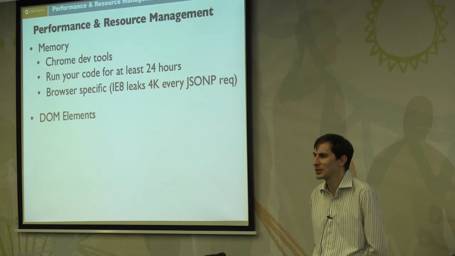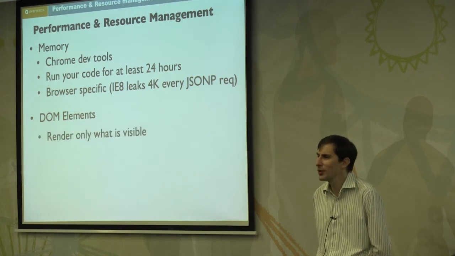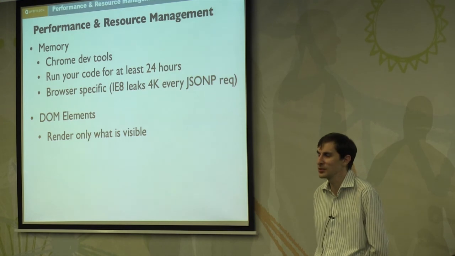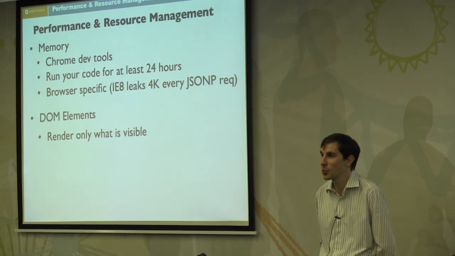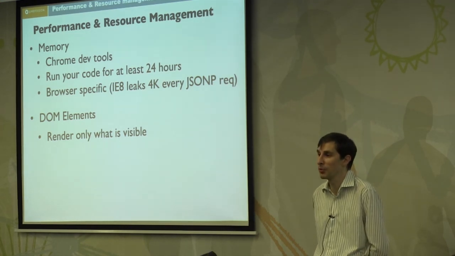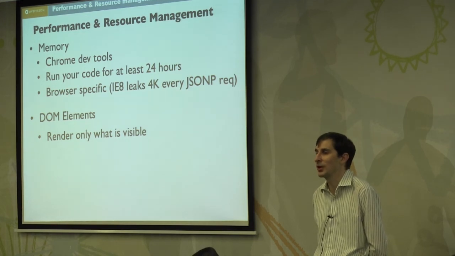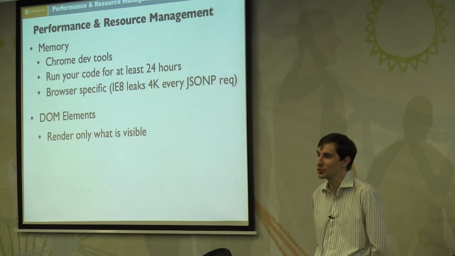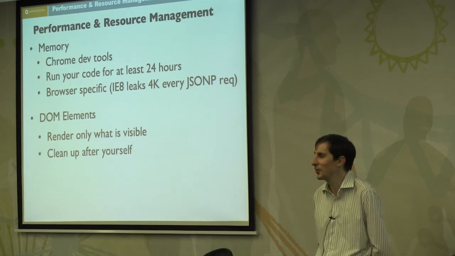DOM elements, this is kind of a given. Render only what you see. Don't just render. The best example is grids. You don't know if you're going to get 10 lines or 100. Render 20 or 10, however many the viewport the visitor sees. Don't render it all. It's really tough for the browser to manage a big DOM tree and clean up after yourself.